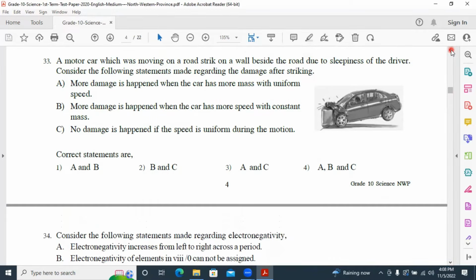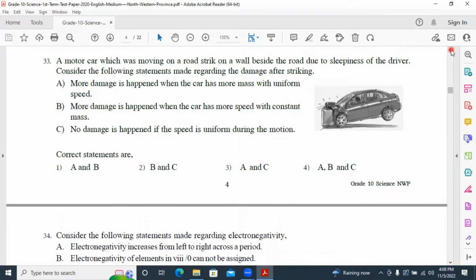A motor car which was moving on a road struck a wall beside the road due to sleepiness of the driver. Consider the following statements made regarding the damage after striking. A. More damage happens when the car has more mass with uniform speed.